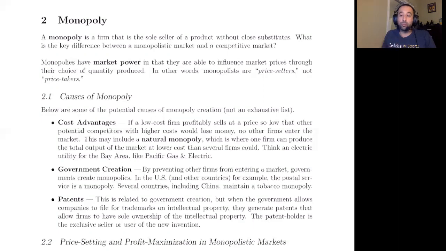You can think about a natural monopoly as something like an electric utility company or a municipal water district, things that have a big upfront infrastructure cost to build, which makes a lot more sense for only one firm to do. So we don't have to build up that massive amount of infrastructure for several firms.